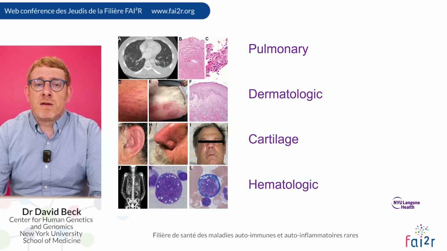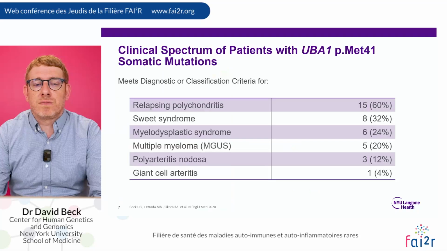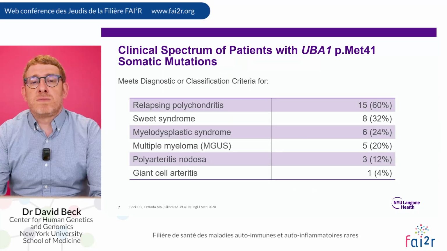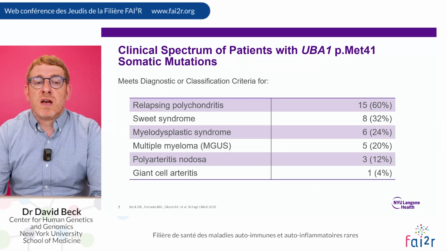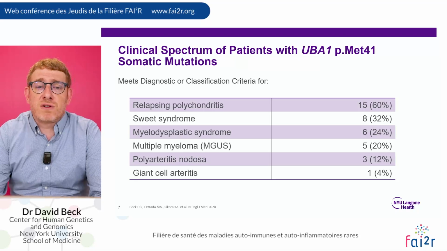And then finally, in the bottom row, we have the hematologic manifestations of disease. So this is a PET scan showing highly activated bone marrow, and then the early erythroid and myeloid precursors with these big vacuoles.